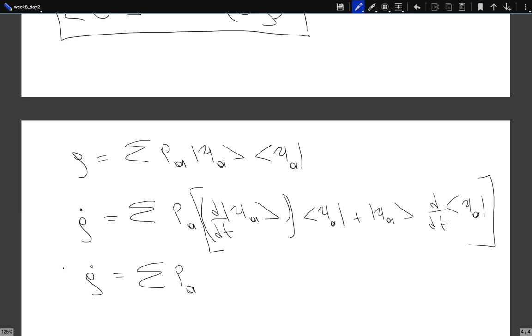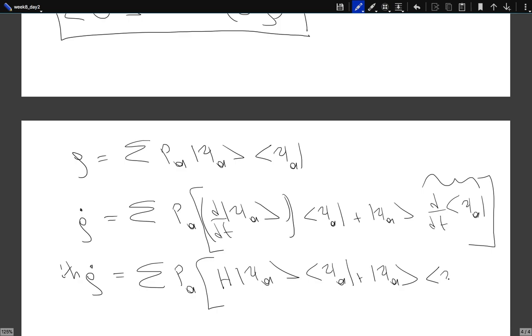It is minus i over h bar. Well, let me just multiply by i h bar. It's minus, okay, so I multiply the left hand side by i h bar. So this is H|psi_A> <psi_A| plus |psi_A> <psi_A| times minus H. Minus because of that i over there, and I already used the fact that H is Hermitian, so that there actually we have H dagger.